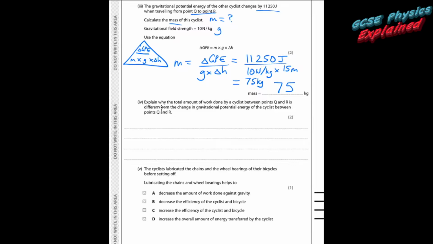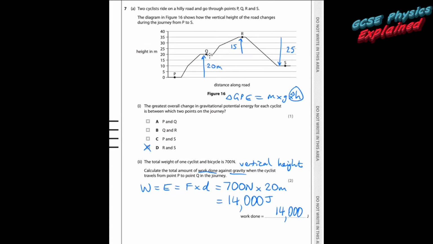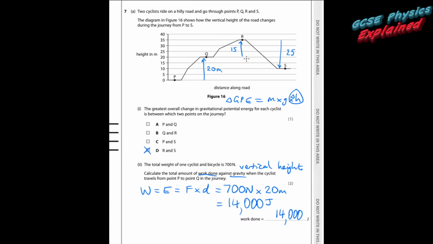Part 4. Explain why the total amount of work done by a cyclist between points Q and R is different from the change in gravitational potential energy of the cyclist between points Q and R. So in going from Q to R, you will gain gravitational potential energy.